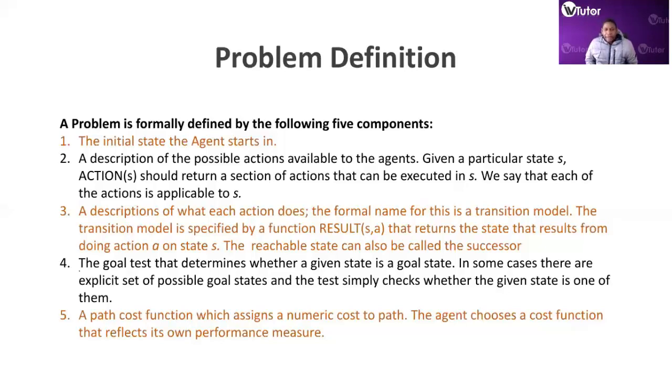Each action that we take has a path cost function, which assigns a numeric cost to a path. The agent chooses a cost function that reflects its own performance measure. Remember, we talked about rational agents. So a path cost function is an actual value.